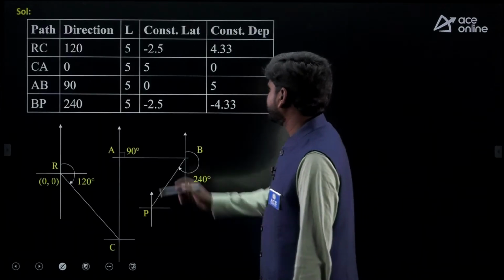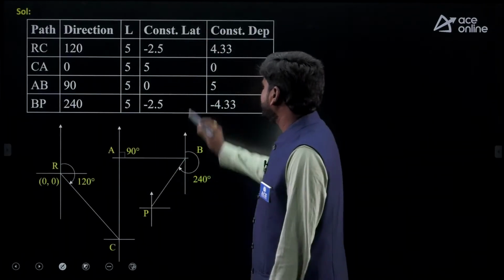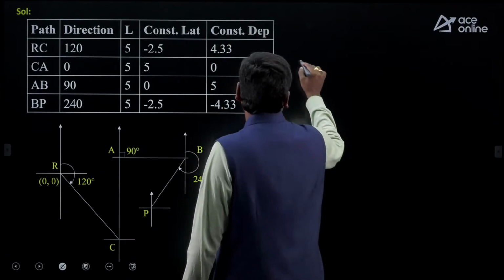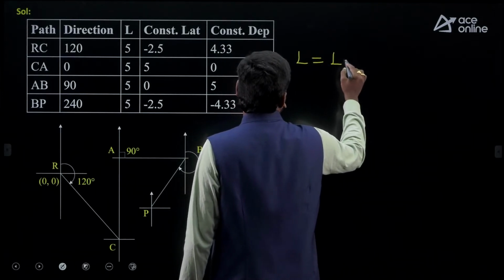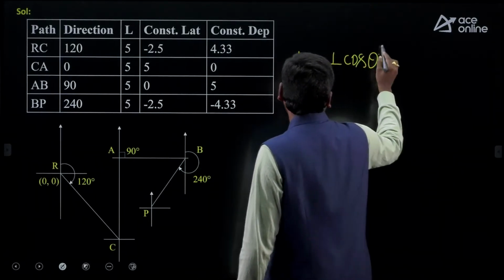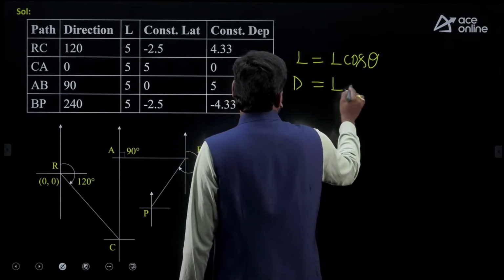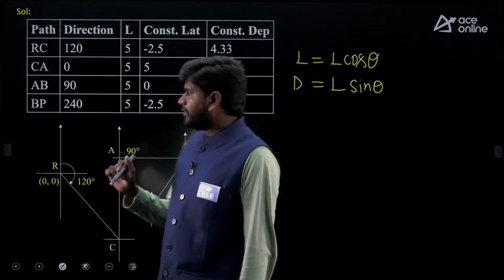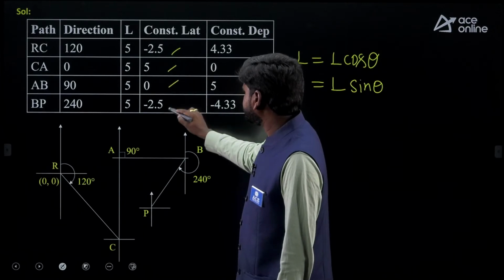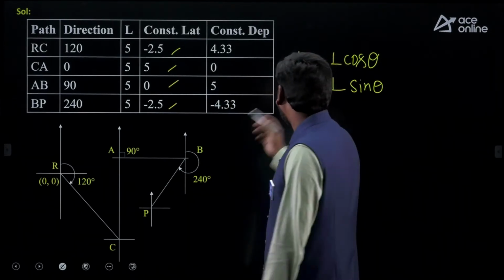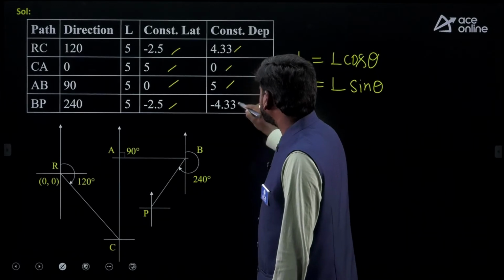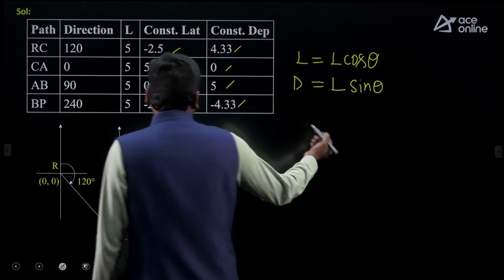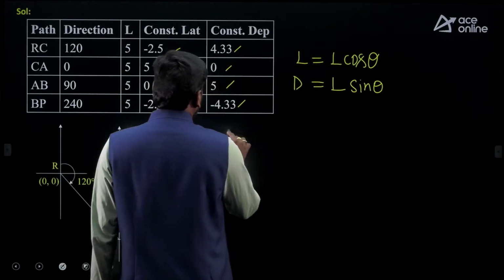We know how to calculate consecutive latitude and consecutive departure: latitude is equal to L cos theta and departure is equal to L sin theta, right? By using these 2 formulas, we can calculate all the consecutive latitudes and consecutive departures. He is asking us to calculate the point P.